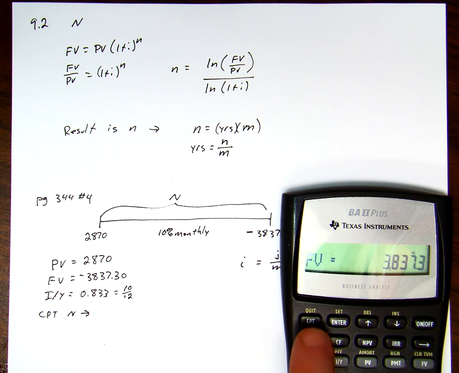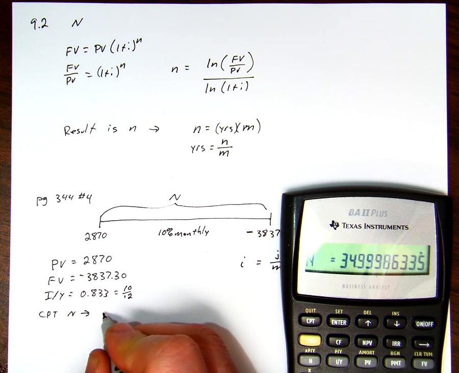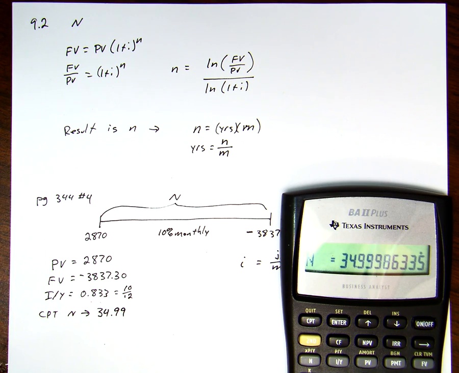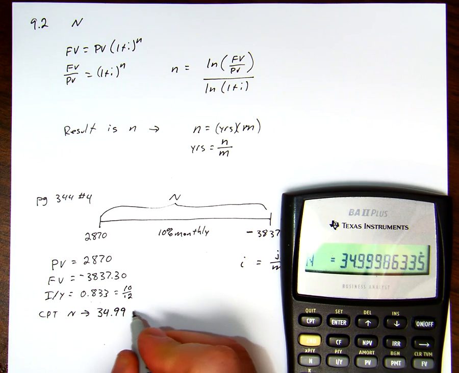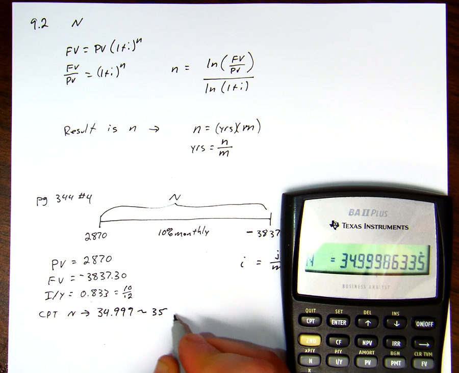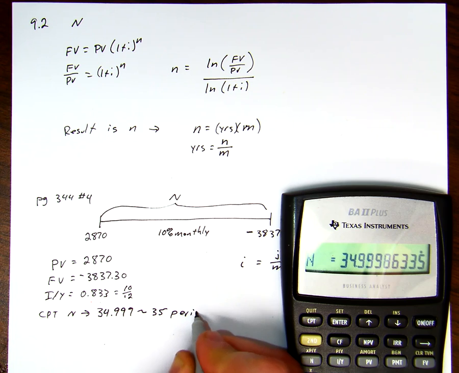We already have our i in. We compute n, and n is going to be 34.999. This is essentially 35 periods.